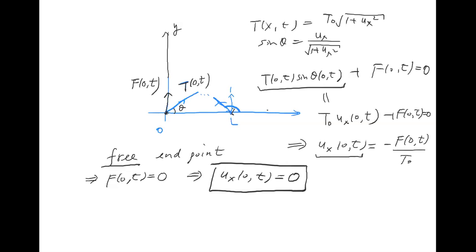So for the endpoint at x equals L, the vertical component due to the tension will be just minus T0 u sub x. But it really doesn't matter. So for the endpoint at x equals L, we have this.